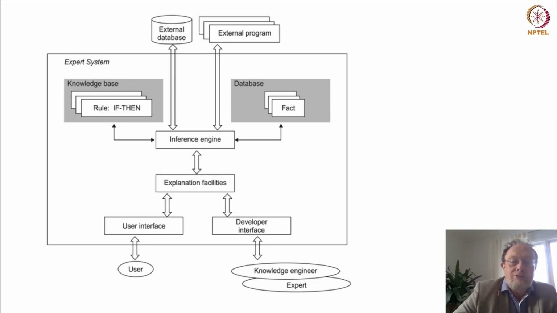And of course, we also need a kind of developer interface where users or humans involved can add new knowledge. Not everything can be learned. Even if you have a powerful learning mechanism, you have to incrementally add new knowledge to these systems in order to be useful.